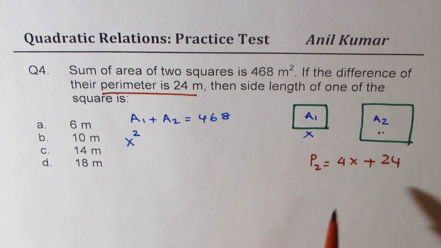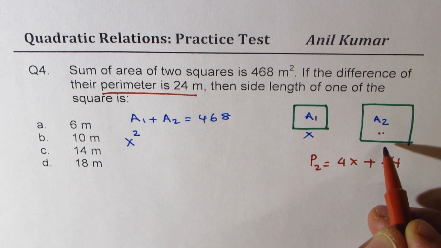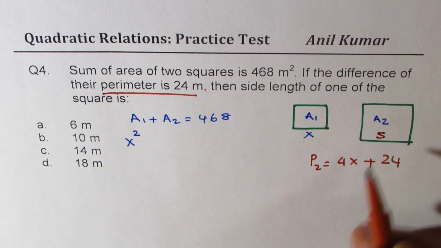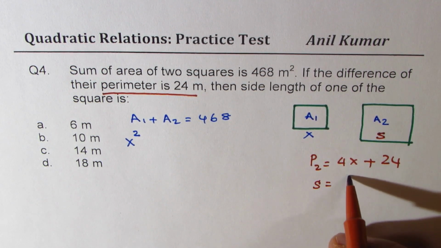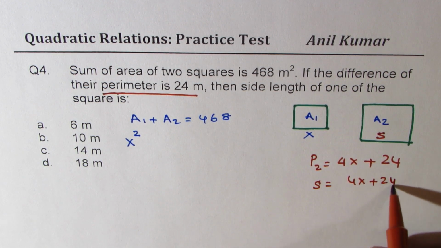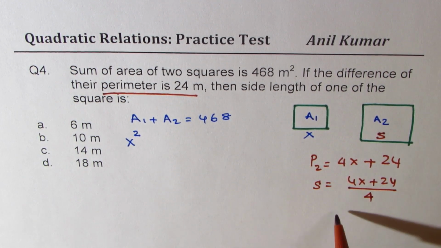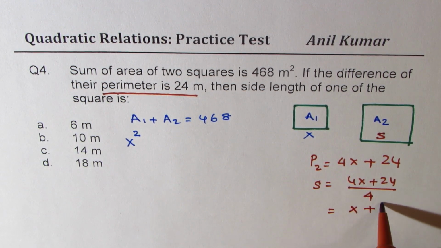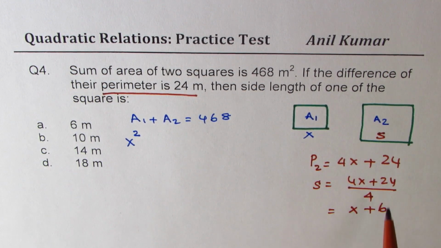If that is the perimeter, then what is the side length for each? The side length will be (4x plus 24) divided by 4, which gives us x plus 6. So each side in this case is x plus 6.